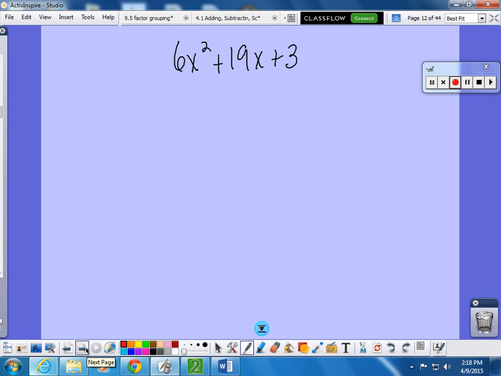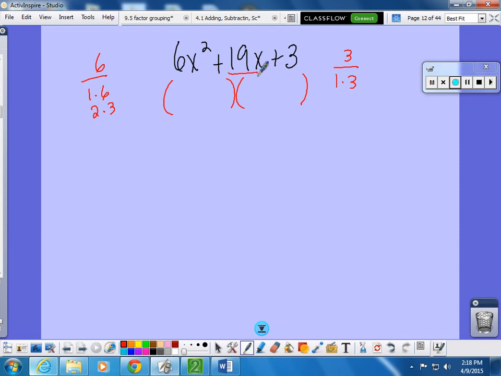Okay, let's look at this one. A 6 is not a prime number, but at least 3 is. Now, I have this little rule that I look at my choices, okay? And I'm trying to get a 19 here.